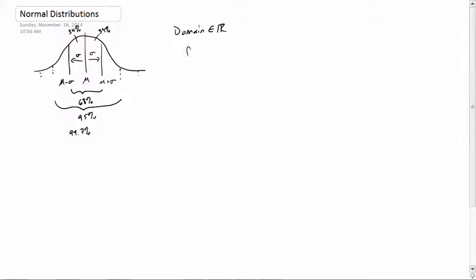Now, just as a reminder, the function, which we don't actually use very often, but there is a function for this specific curve, is 1 over sigma square root of 2 pi e to the negative, and you can see why we don't use it very often, because it's quite annoying, x minus mu over sigma squared.